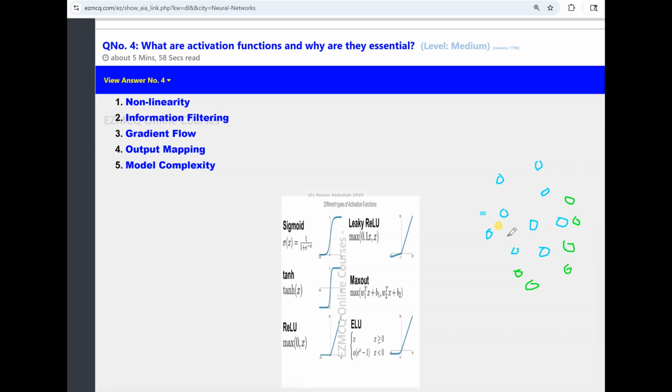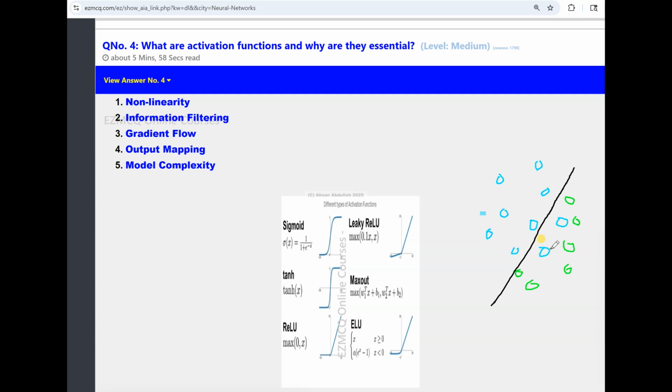So I prepared this example for you. If it was just linear, a linear model would be a straight line. So I believe this will draw a straight line. I'm sorry about that. So it draws a straight line. This straight line is basically assigning these green objects, or the blue ones are going with the green.